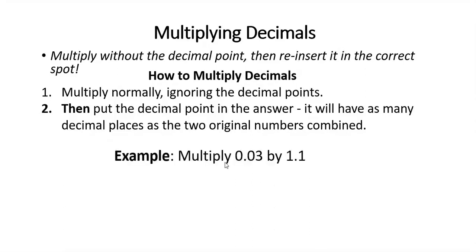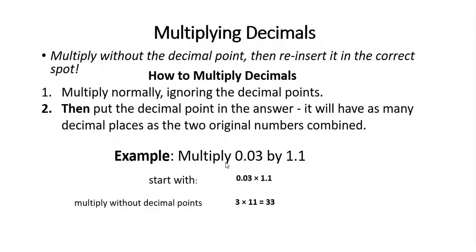So now let's take this example. It says here, multiply 0.03 by 1.1. Bullseye. So we're going to start with what? You can see it's saying 0.03 times 1.1. So I'm going to take out the decimal points. Then it becomes 3 times 11.